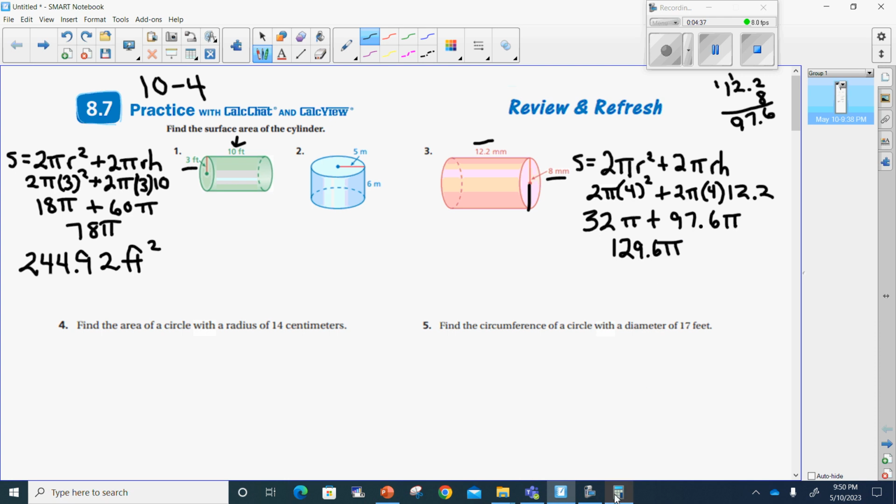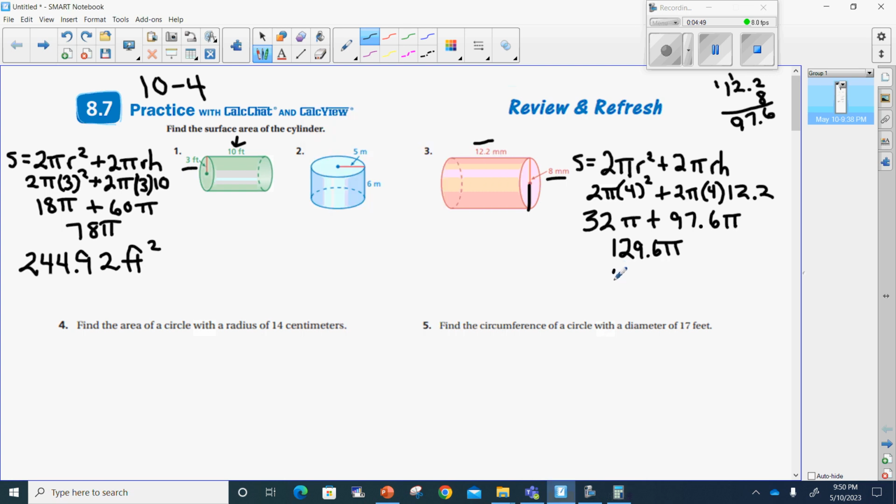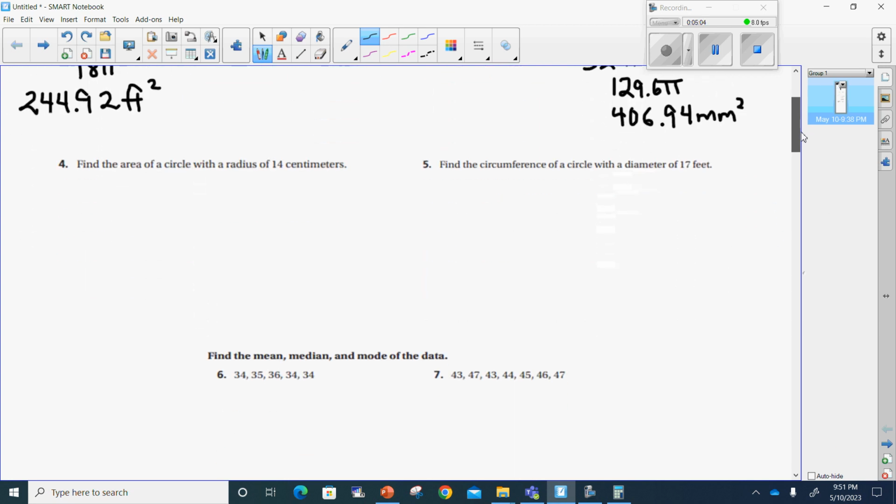So now I'm going to multiply 129.6 times 3.14. That'll give me my answer, 406.94 millimeters squared.